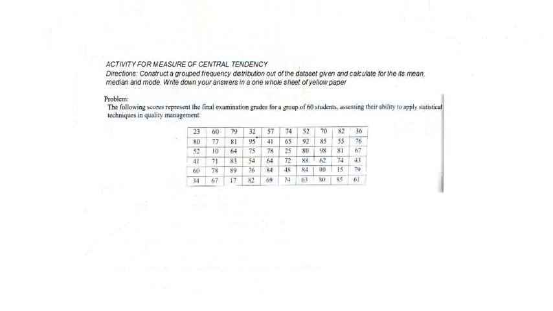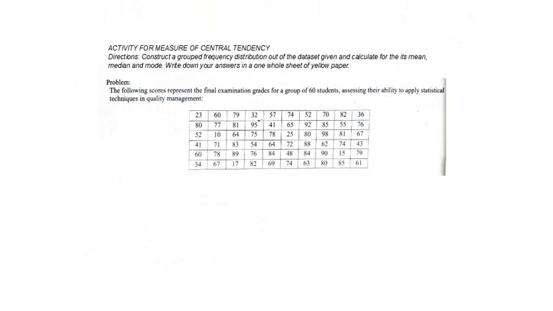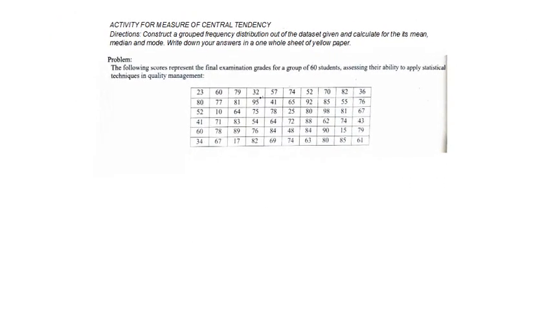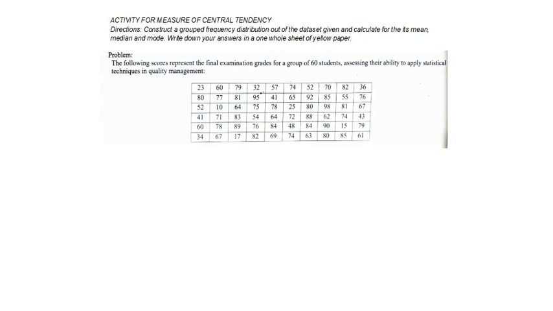We will go over the answers in the next meeting, and I'll choose some presenters to explain their answers so that we can work through any confusion or questions you have involving measures of central tendency for grouped data.